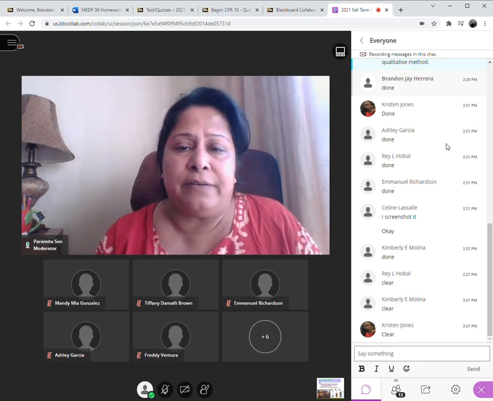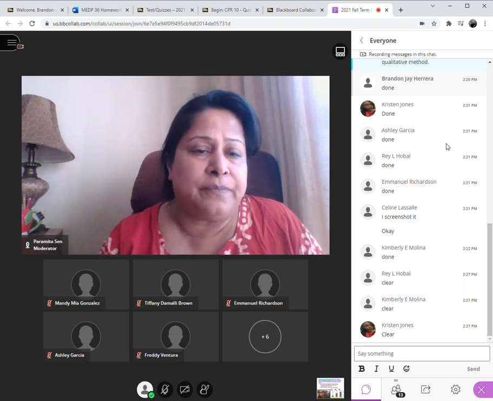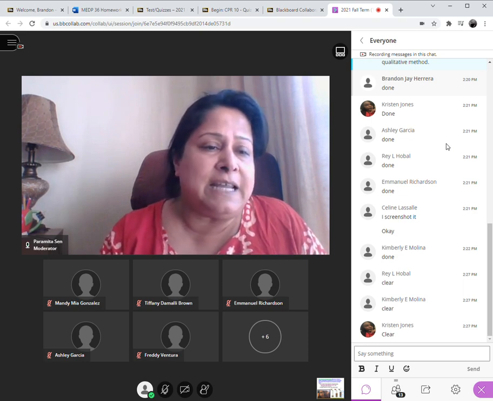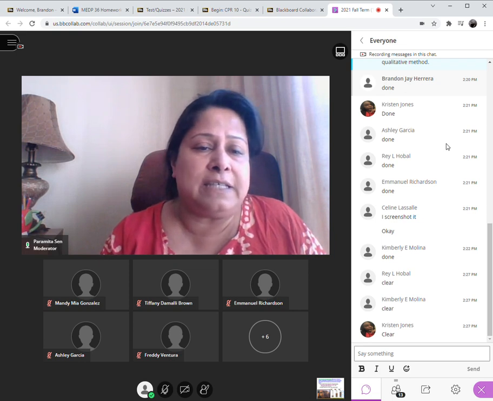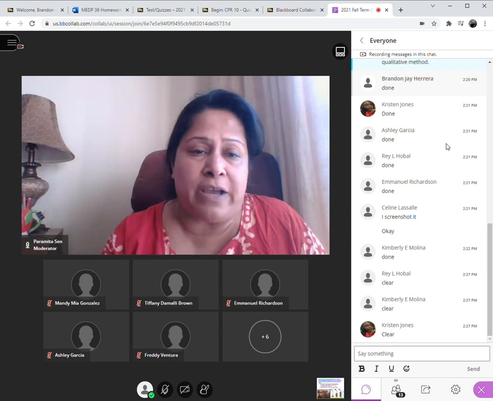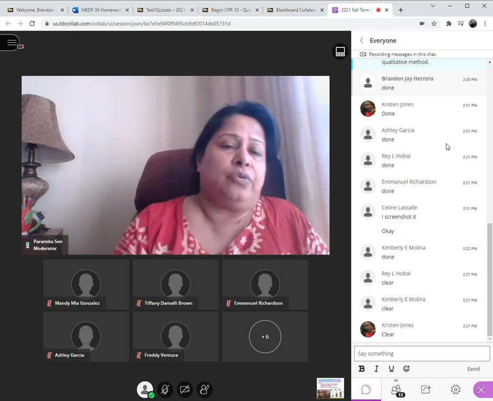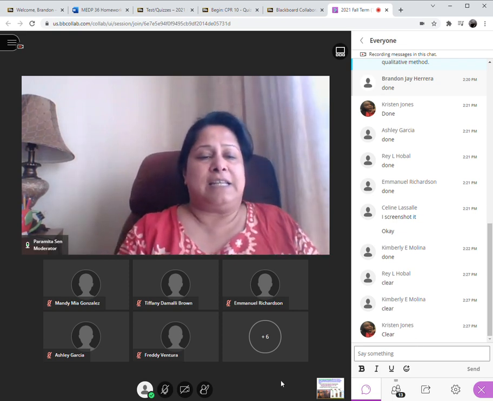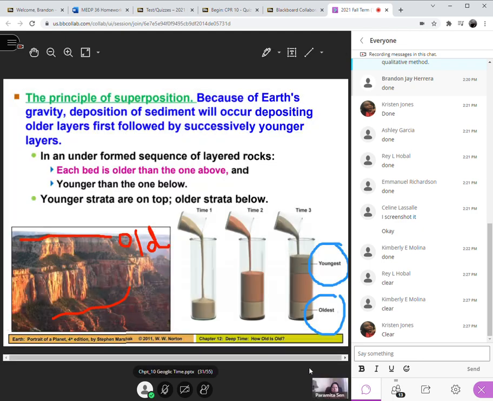In Grand Canyon, it has been seen that this layer of rock is old, which it should not be, right? It should be new. And this layer of rock is new.